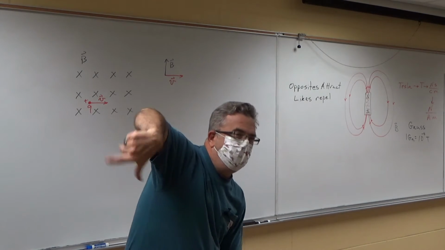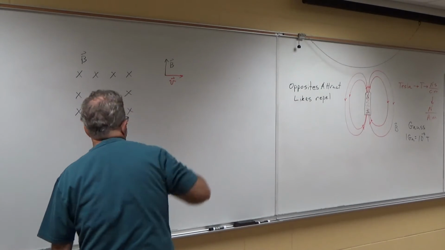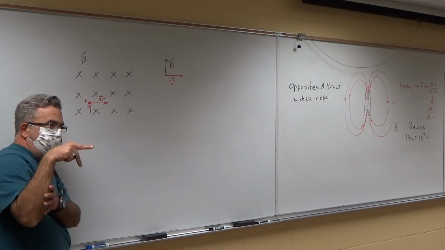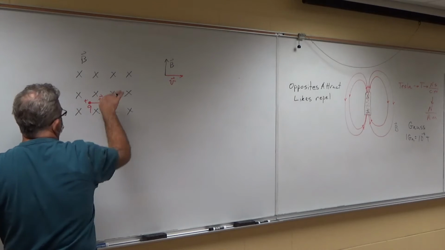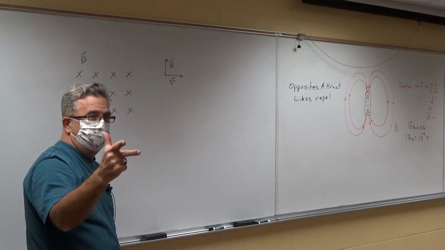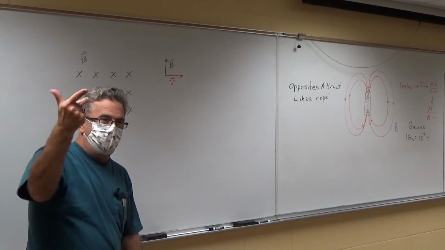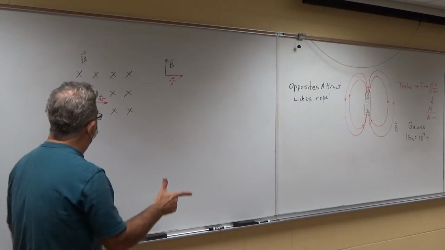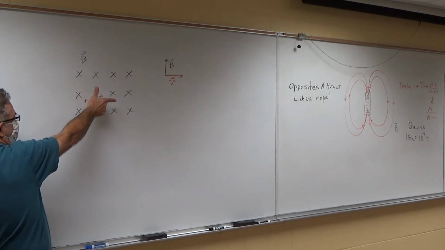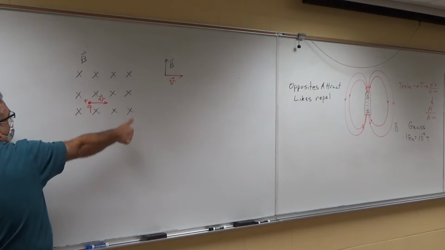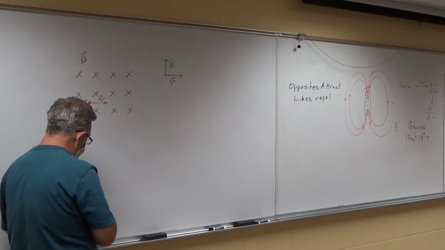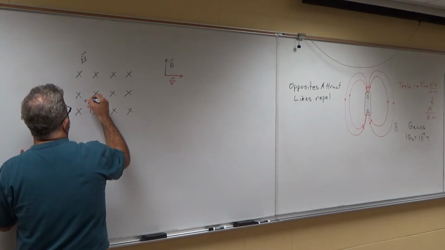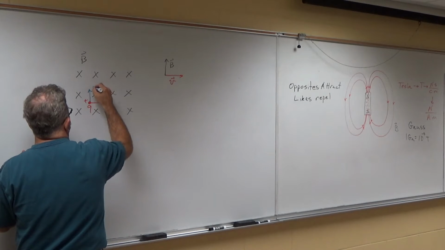You can move this around. Some people teach it like this and this and this. I don't know, but this is the way I do it. I can move this all around. So V, B into the board, that's F. So you would get a force in this direction.